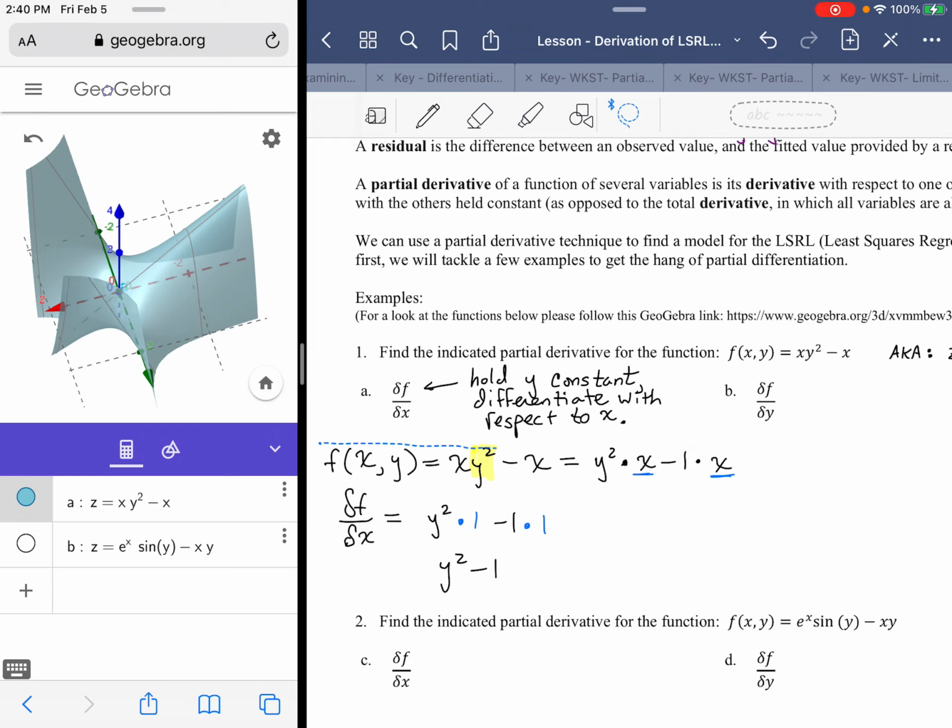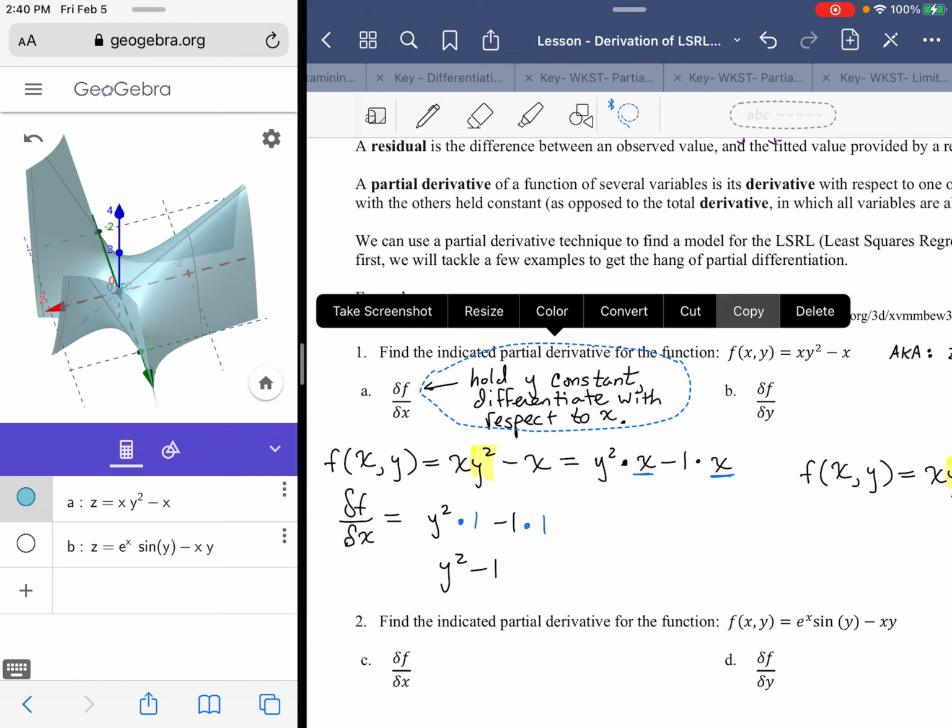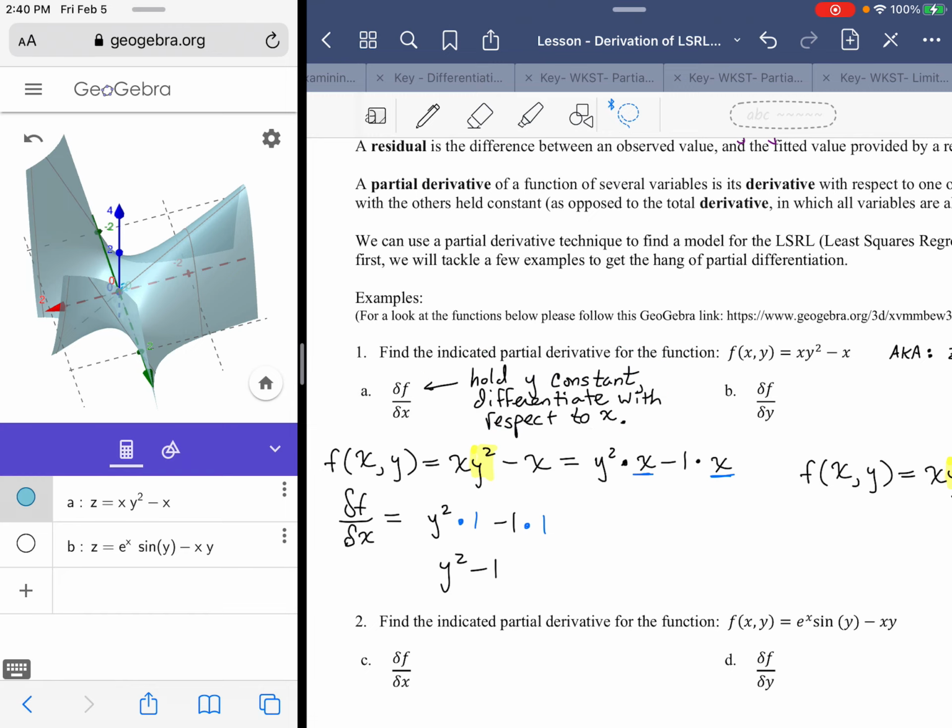For the second example, I'm going to hold x constant and differentiate with respect to y. That's what my notation is telling me to do. So I'm going to hold x constant.